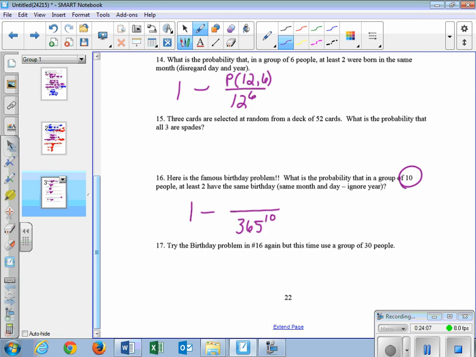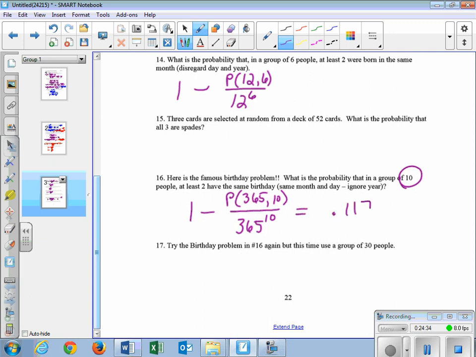So in the numerator, I want everybody to have a different birthday. If I take away everybody having a different birthday, what we'll have left is people that will have shared birthdays. So my permutation is 365 choosing 10 because that's assigning 10 different people to a different birthday because no repetition is allowed in permutations. And you can figure out what that probability is, and I'll just give it to you.